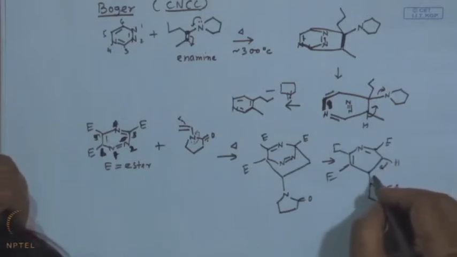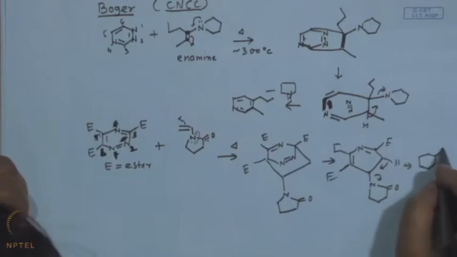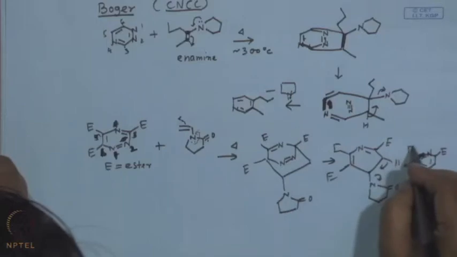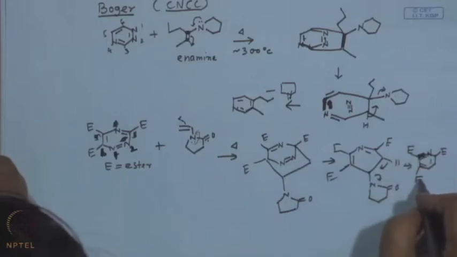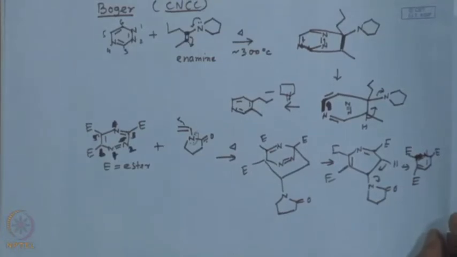Thermal elimination would eliminate this pyrrolidine. So, once again it is basically an extension of the previous example, where you will have nitrogen, and it is a pyridine derivative. So, it's a pyridine triester. Okay.